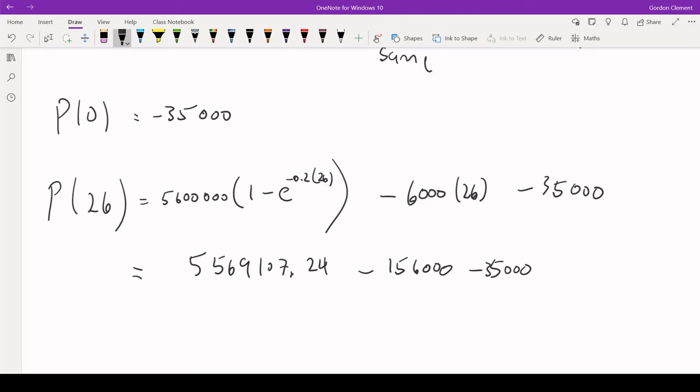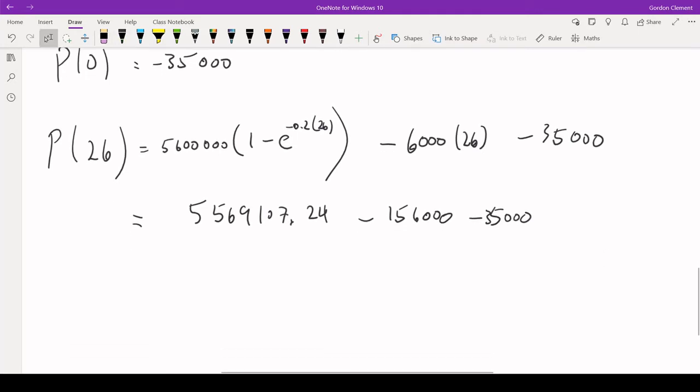So when I plug the 26 into this and multiply by the 5.6 million, I see they get like 5.5 million, almost the full 5.6 million. And then they're losing 156,000 for the cost of running the ad, and then the 35,000 for making the ad.